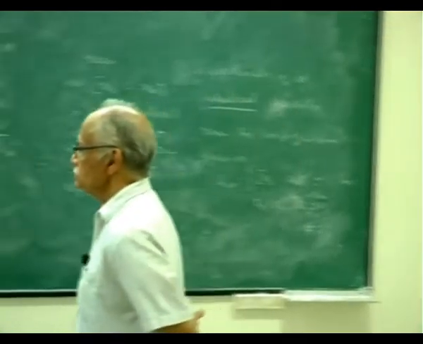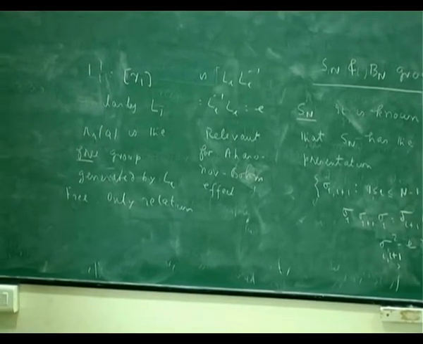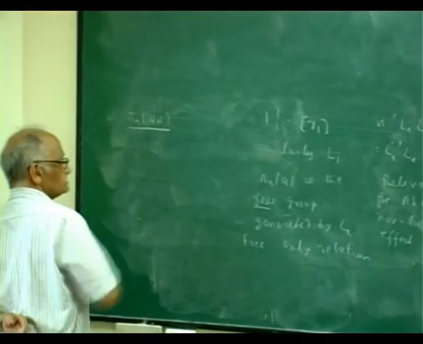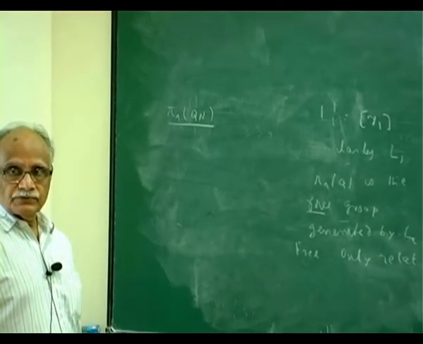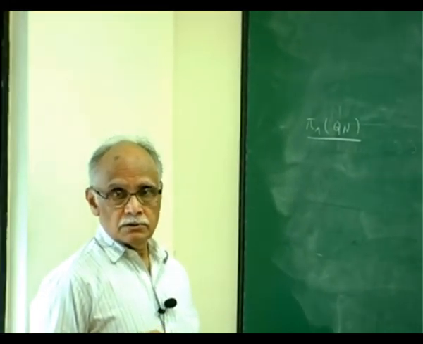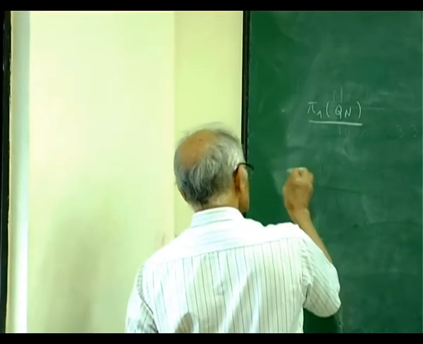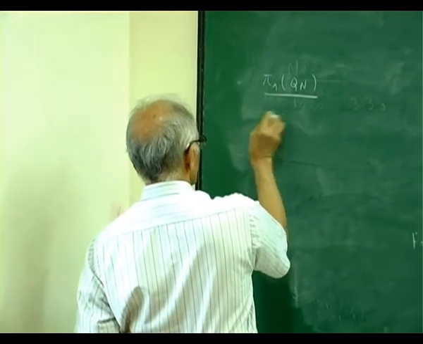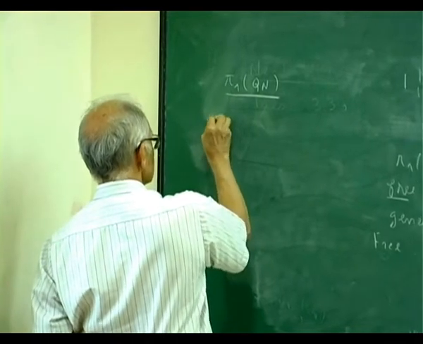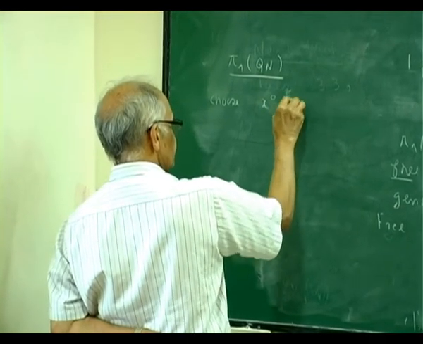Now, I want to compute the fundamental group of Qn. Okay. For that, I am thinking of this whole thing as 3 dimensions. So what we are doing in 3 dimensions is, we choose some fiducial points, call it x0, and this is this unordered set.